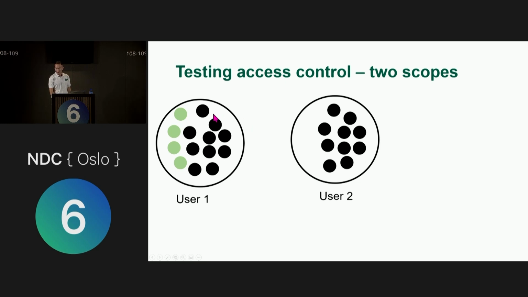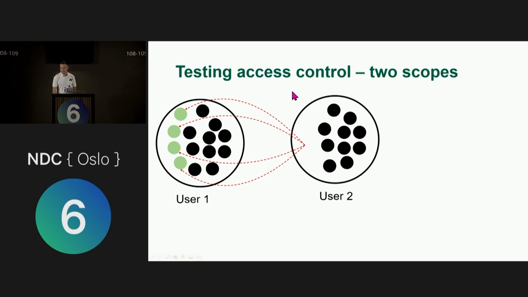These green APIs are only accessible to user 1, but not to user 2. So how do we test it? We log in as user 2 and attempt to access the prohibited APIs, and we verify that we get an error message, for example, access denied. So this is one pair, and we need 105 pairs.